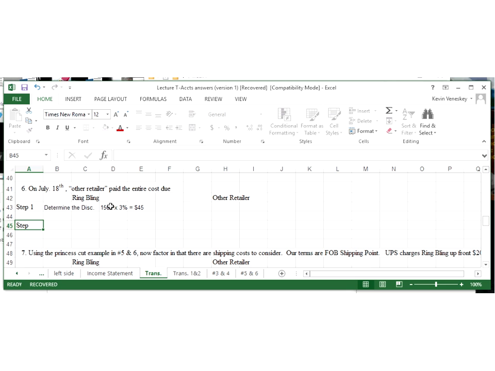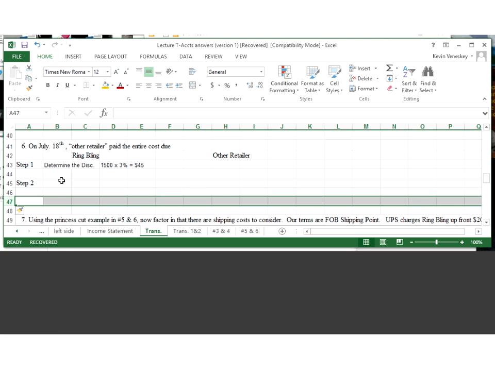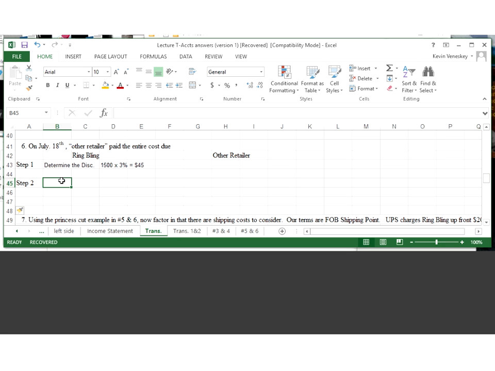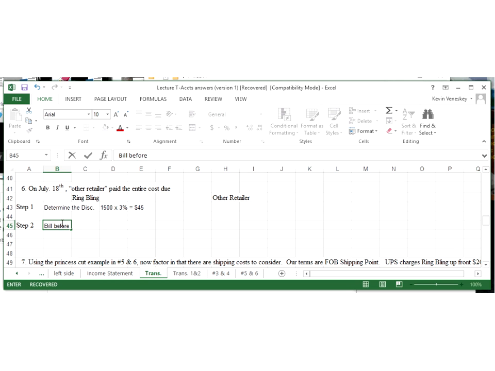Now step two involves 3 entries that are going to happen when I do this as my journal entry. So 3 numbers. The first thing I want to do is find the bill. What was the bill before discount? The amount was $15.75 that I billed them. And then I want to subtract out the discount amount that I just found, so I subtract out $45.